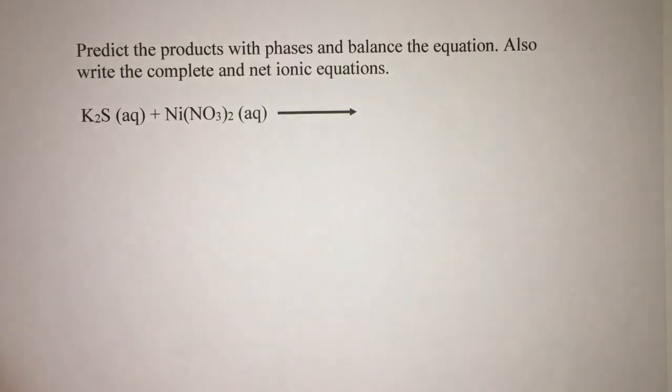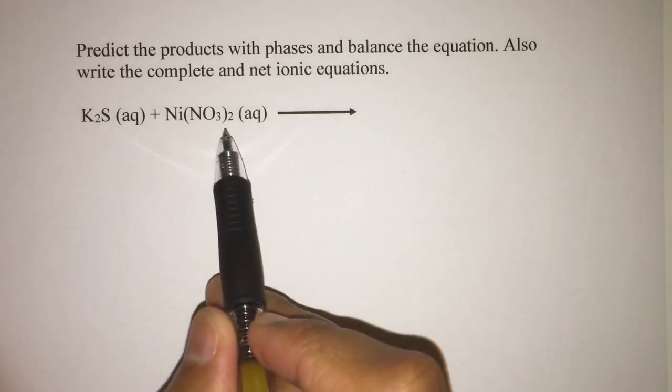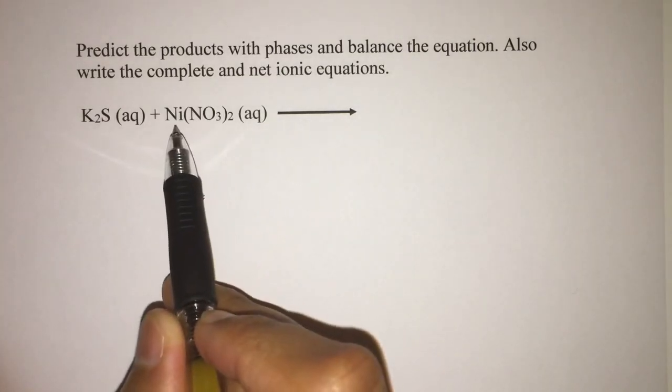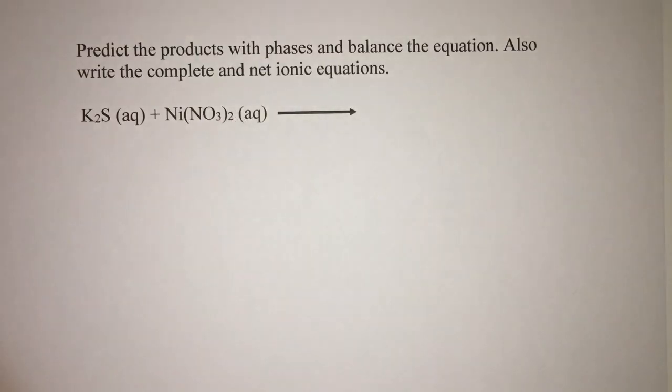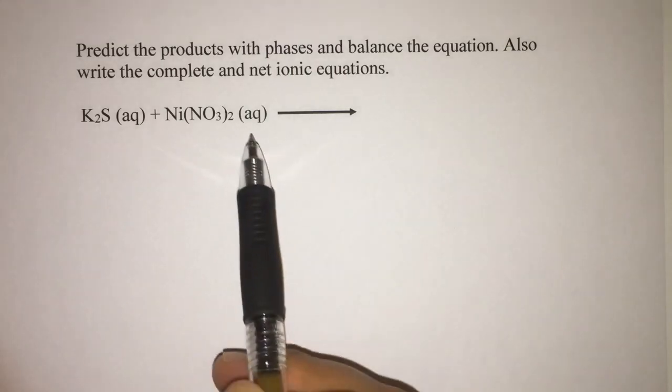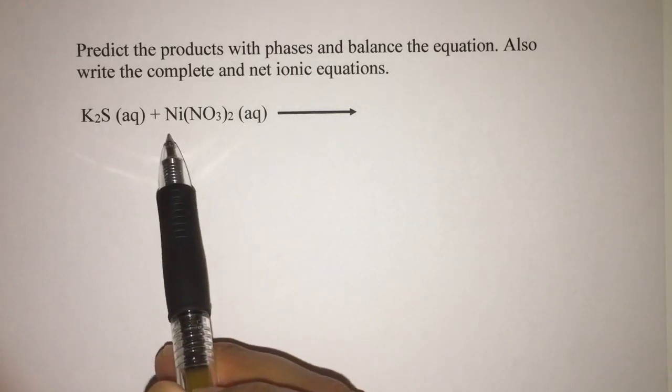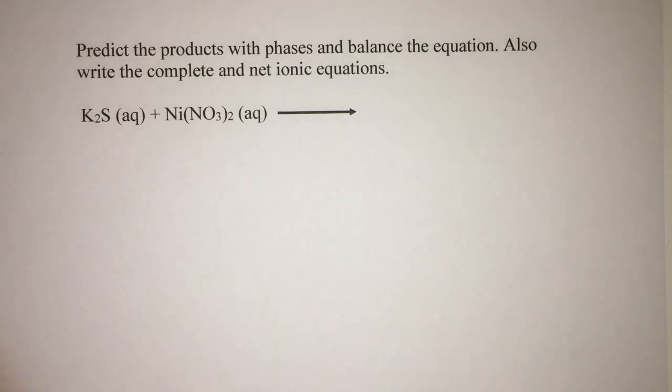Nitrate is always a -1. There are 2 nitrates. That means in order for those charges to balance, the nickel has to be a +2. So that's how I know it's nickel 2 nitrate. This is also aqueous, so that's why I said that this was a solution, because that's what aqueous means.